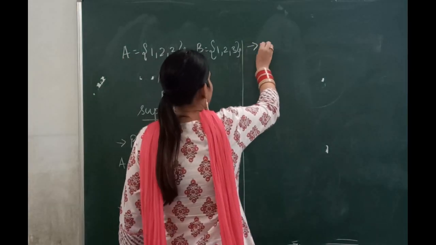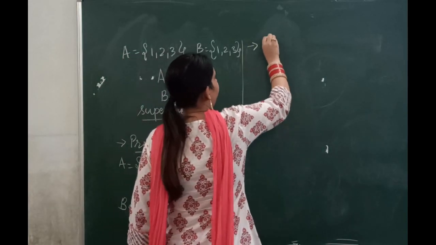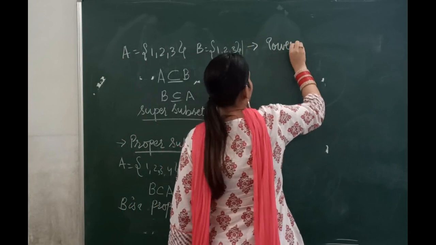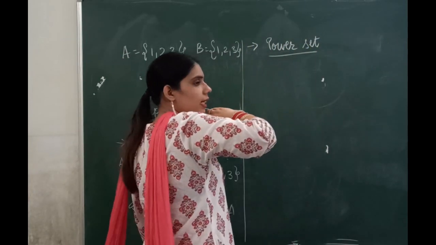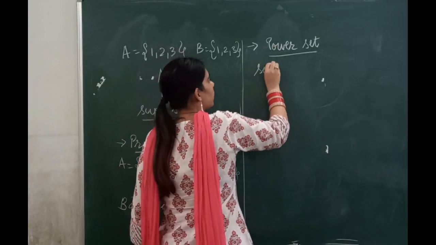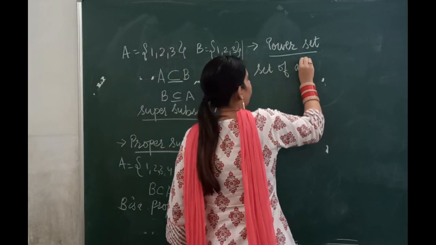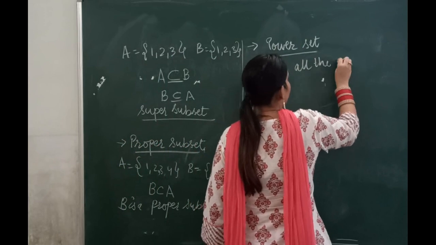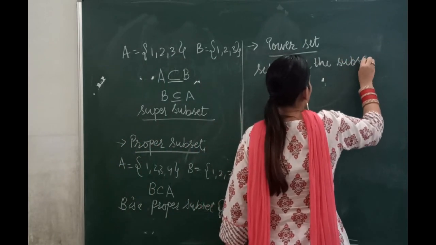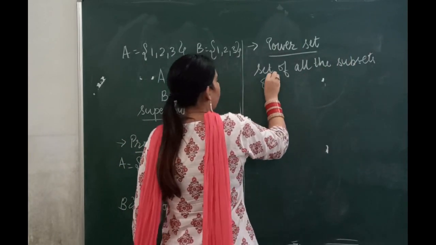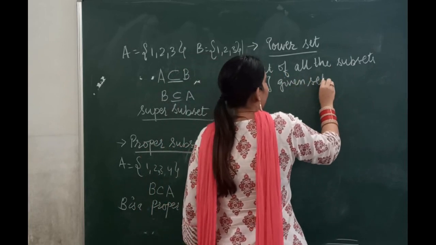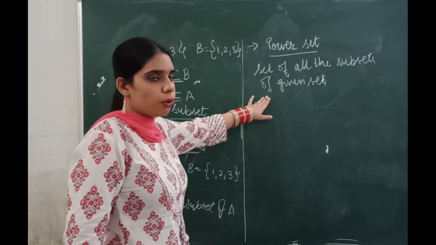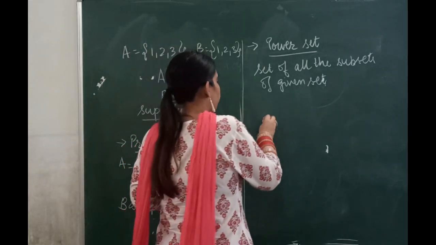And the next is power set. So what is the power set? Power set is nothing but the set of all the subsets of a given set. It may sound very confusing, but students, it's not at all confusing.